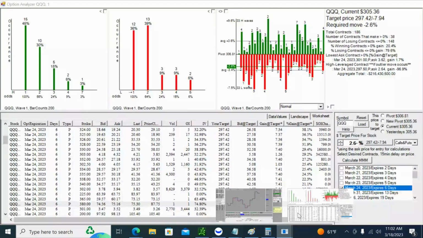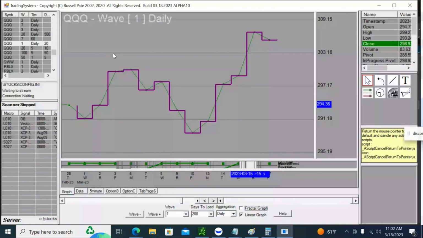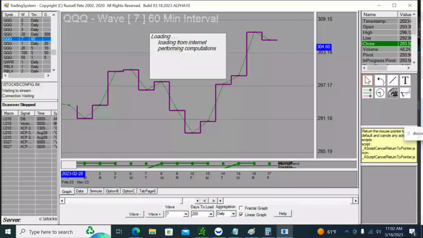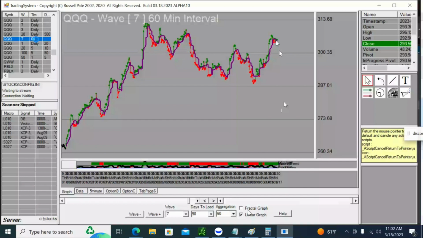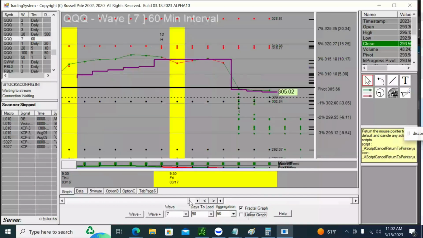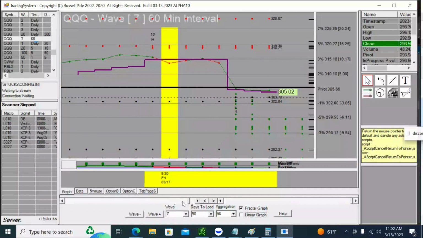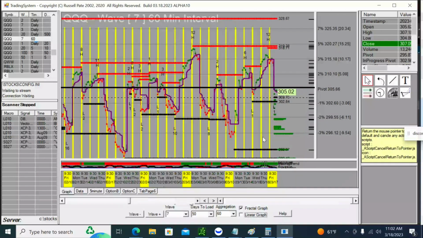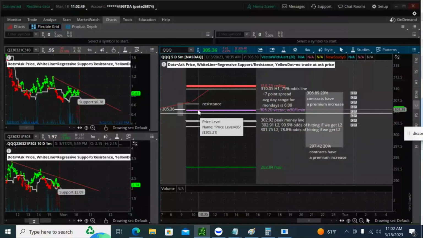to initiate the trade. So once again, on the 760 that I brought in, like the 305.02, I was using the wrong thing. 305.02.